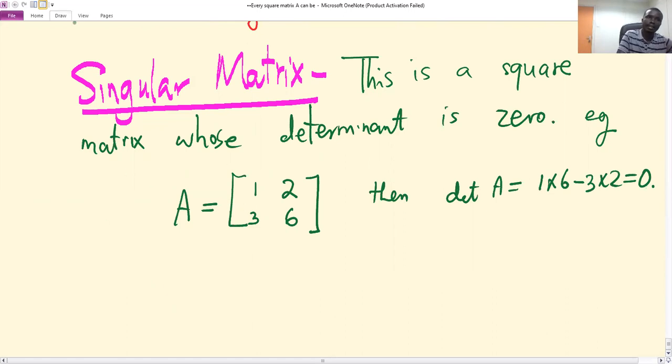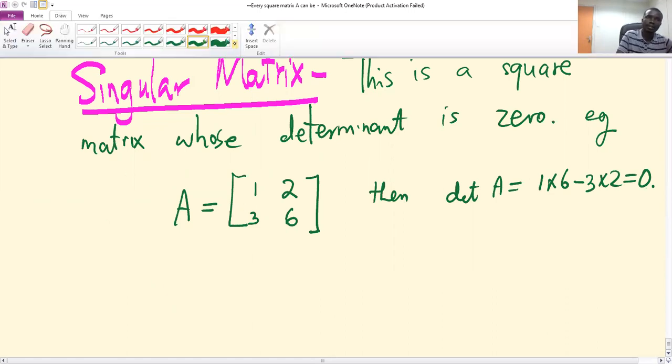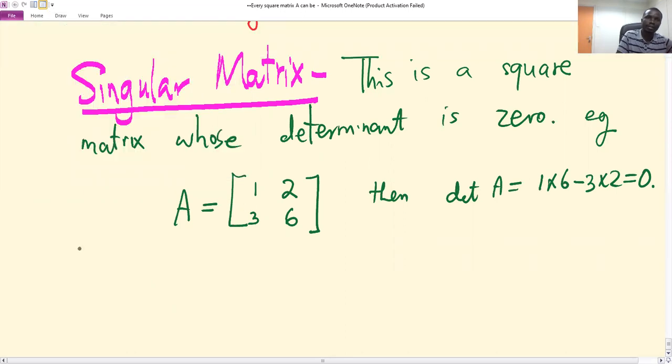And lastly, let's define what we call invertible matrices.